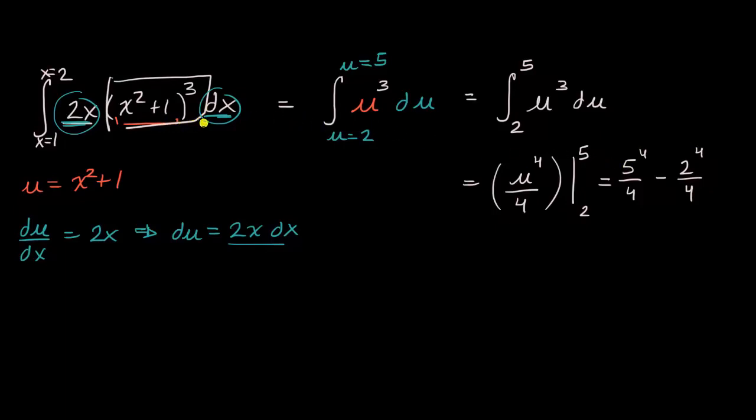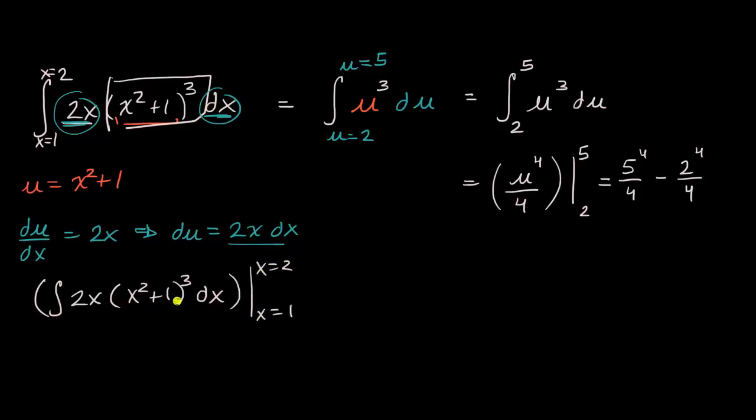Now, another way to do it is to try to solve the indefinite integral in terms of x and use u substitution as an intermediate. So one way to think about this is to say, well, let's just try to evaluate what the indefinite integral of 2x times x squared plus 1 to the third power dx is. And then whatever this expression ends up being algebraically, I'm going to evaluate it at x equals 2 and at x equals 1.